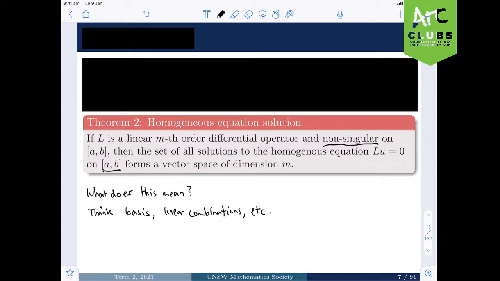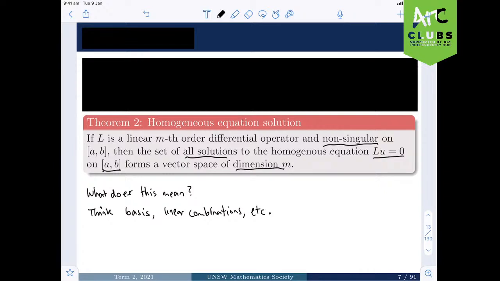Well, think vector spaces and bases and linear combinations. This is saying that the set of every single solution to the homogeneous equation Lu equals 0 has dimension m. So there's a basis for the solution space containing m solutions of Lu equals 0.